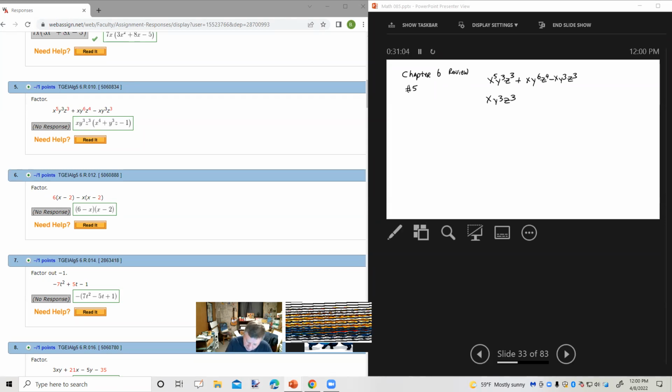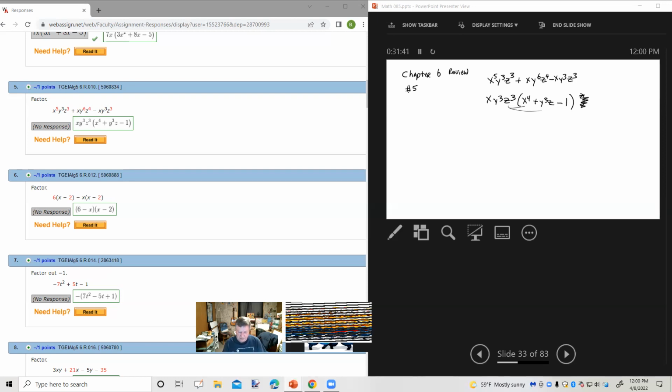So then left over, x to the fifth, so we got x times x to the fourth. Y to the third, so we don't need any y's. We don't need any z's either. So that would be our first product. Then plus y cubed z to get x, y to the sixth, z to the fourth, and then minus 1.